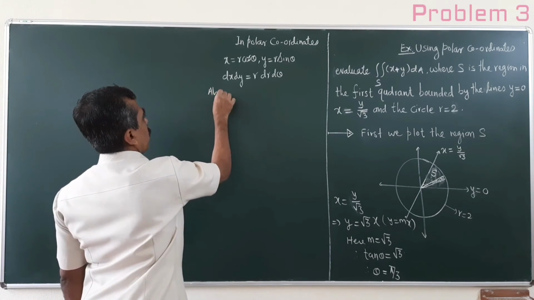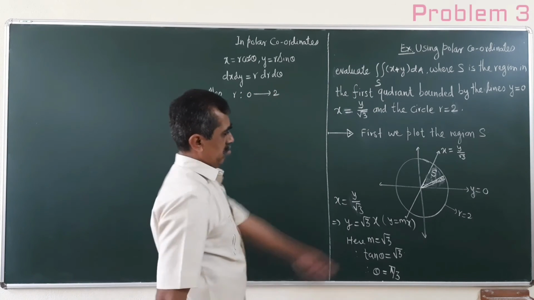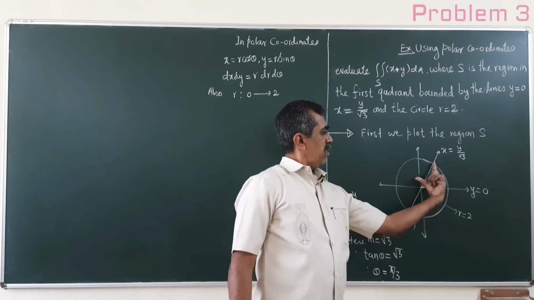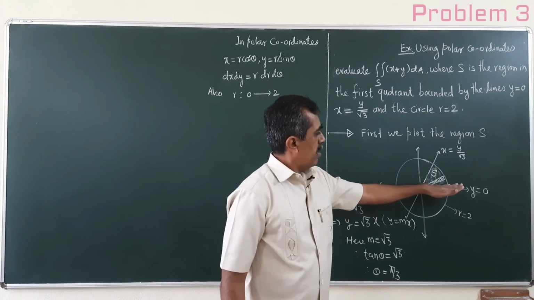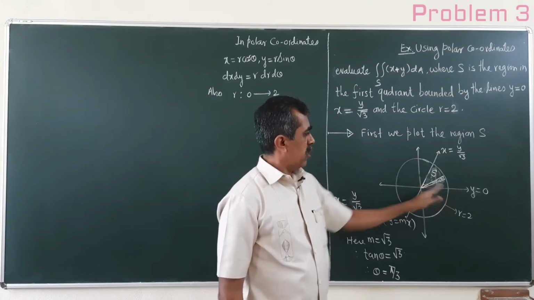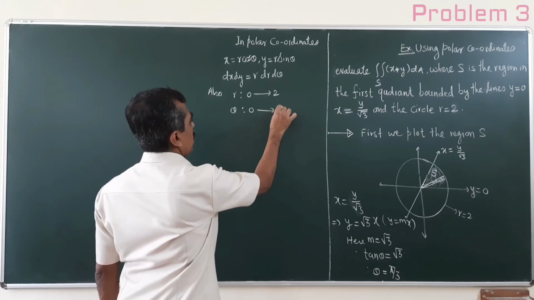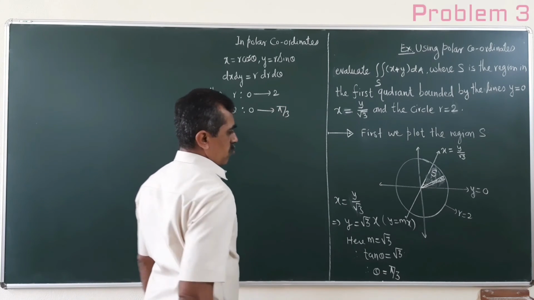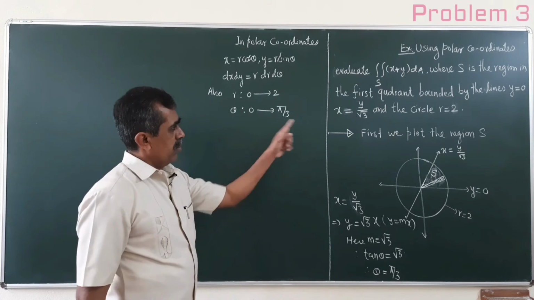Also, the limits of r: r runs from 0 to 2, the radius of the circle, and theta varies from 0 to pi by 3. So thus you have both the limits of r and theta.